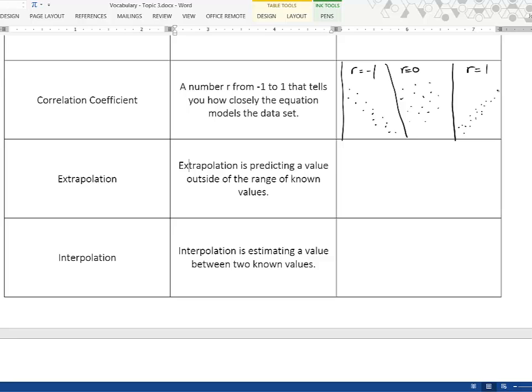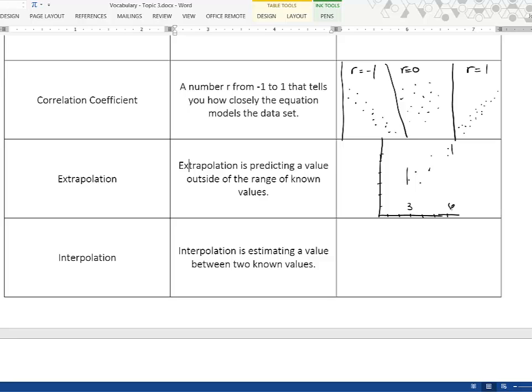Now, extrapolation. Extrapolation is predicting a value outside of the range of known values. So let's say we're given a graph, and we're given some data points, and let's say that they're right here. Let's say this is 1, 2, 3, 4, 5, 6, and our range of values is from 3 to 6.